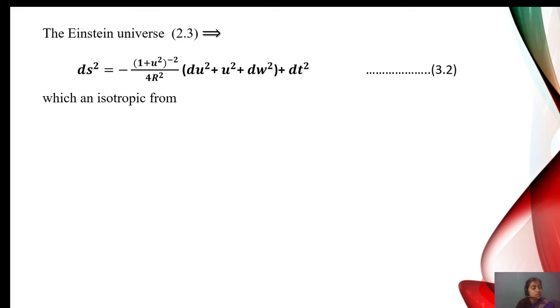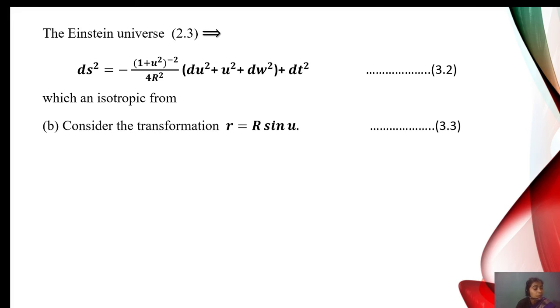Then the Einstein universe is given by the form ds square equals minus 1 plus u square upon 4r square du square plus u square dw square plus dt square, which is the isotropic form given with u and w in cosmology. They will be generated with the radius value given to the universe.